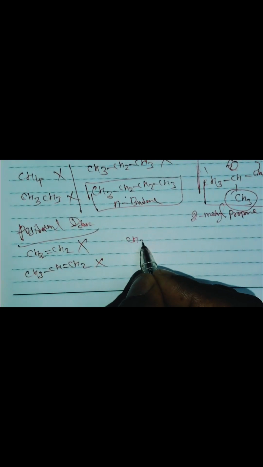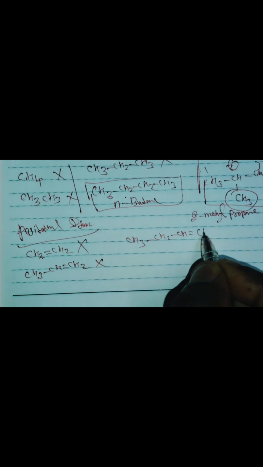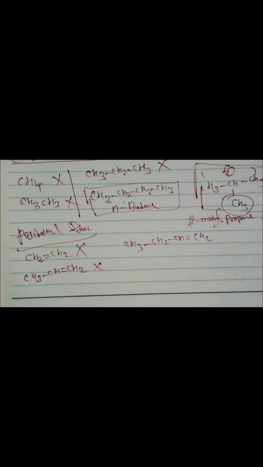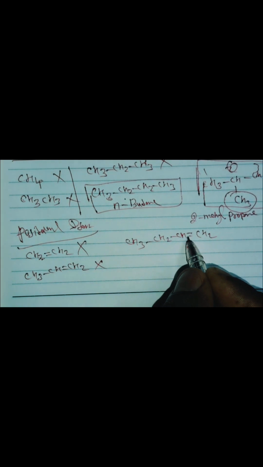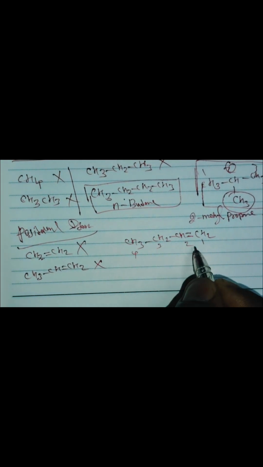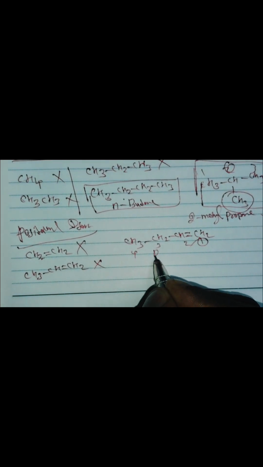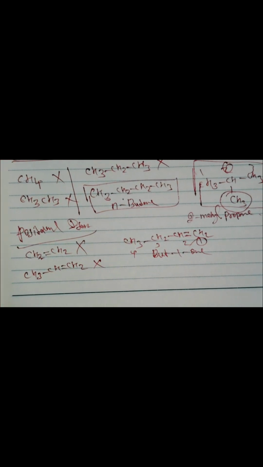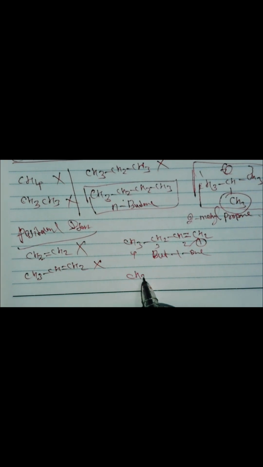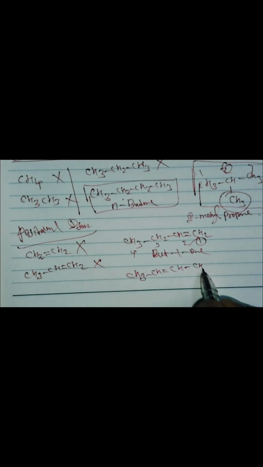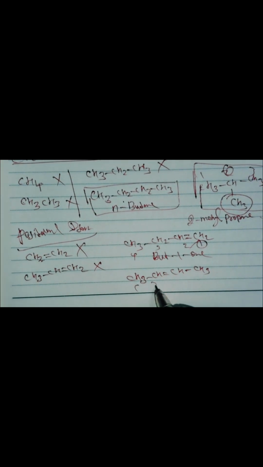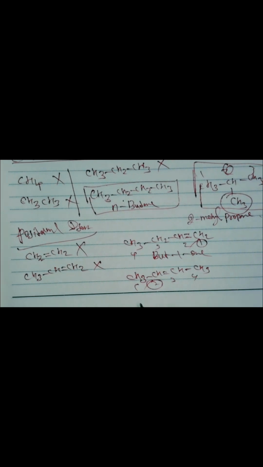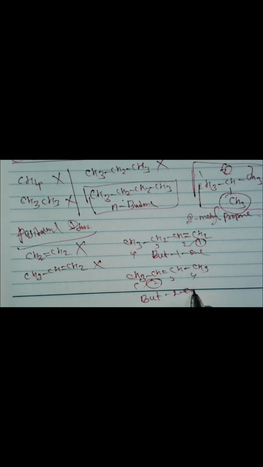Then CH3CH2CH=CH2 is butene, and it shows positional isomerism. Numbering 1, 2, 3, 4, the double bond is at the first carbon, so it is but-1-ene, or simply butene, since one is understood. The isomer CH3CH=CHCH3 has the double bond at the second carbon, so it is but-2-ene.